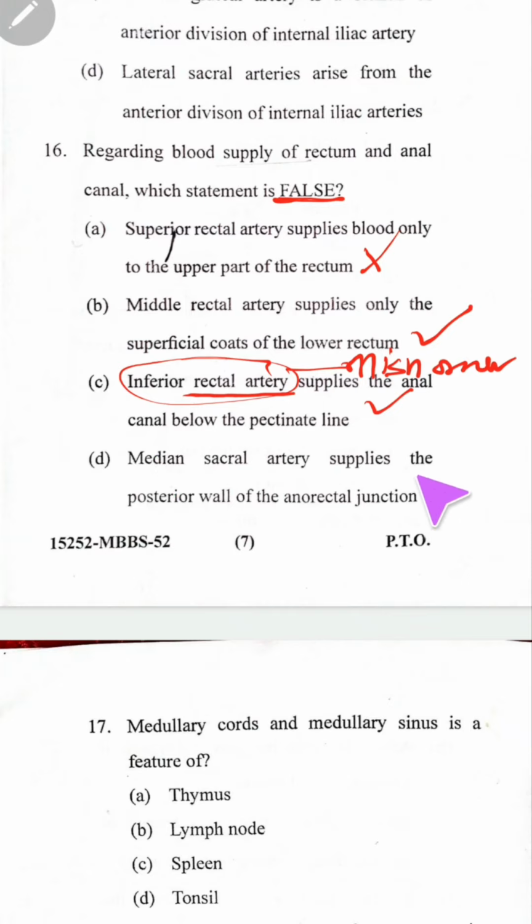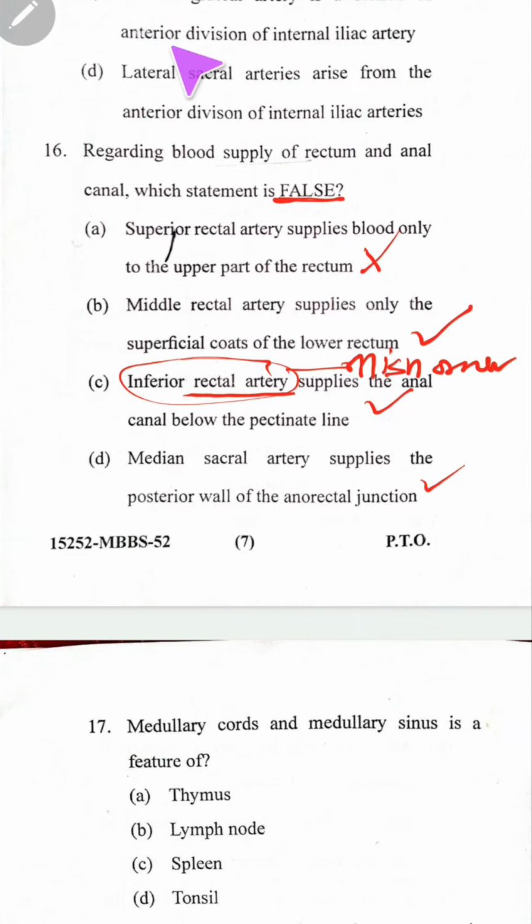Median sacral artery supplies the posterior wall of the anorectal junction is correct. It is descending on the anterior surface of the sacral vertebrae. It's a median unpaired artery, right? And it supplies the rectum and anal canal at the anorectal junction posteriorly, which is correct.